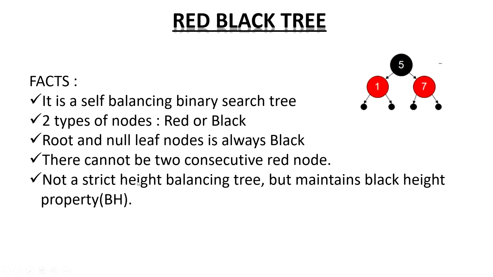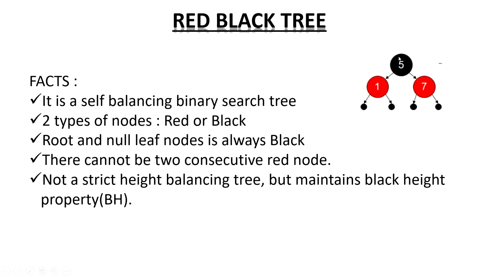It is not a strictly height-balancing tree. The AVL tree was a strictly height-balancing tree, but the red-black tree isn't. But it maintains the black height property. So what is the black height property? If we consider any path from a given node to its descendant leaves, it contains the same number of black nodes. If we consider this path, there are two black nodes.